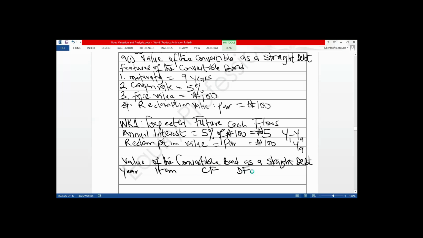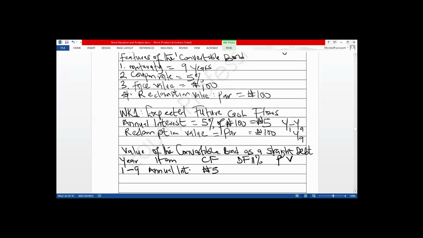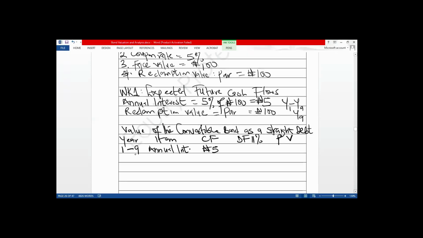We have the discount factor at 11%. Then the present value. We have year 1 to 9, annual interest. This is 5 naira. Please let me compute. Annuity factor, year 1 to 9, at 11%.